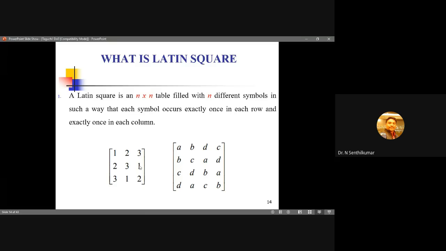Likewise, it is formulated: 1, 2, 3, 2, 3, 1, 3, 1, 2. Similarly, A, B, C, D, then B comes here, C comes here, D comes here. Whenever I put it like this, each symbol occurs exactly once in each row and each column.